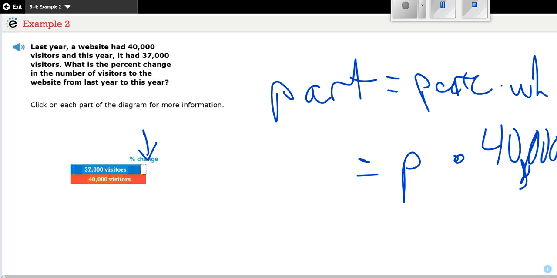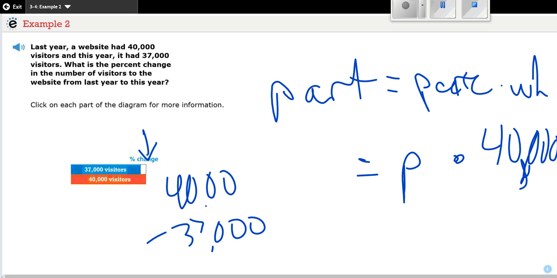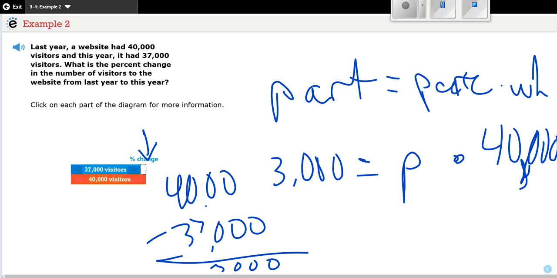To find the change, I'm going to take this 40,000 and subtract this 37,000, and I get 3,000. Nice and small, so our part is actually 3,000. A little bit of thinking about the numbers beforehand and understanding what they're really asking as that part, and then you can solve this and continue.